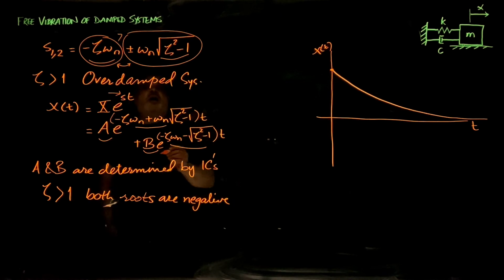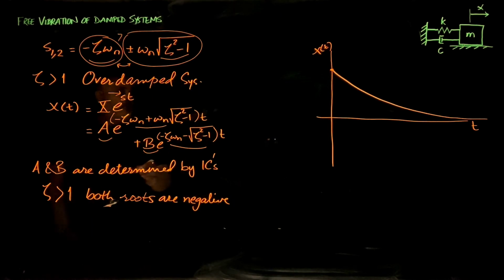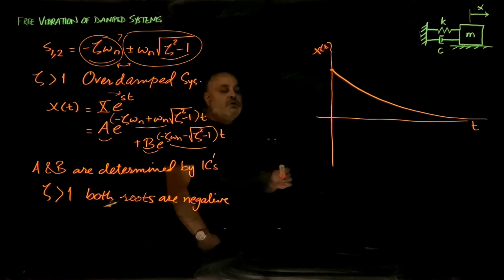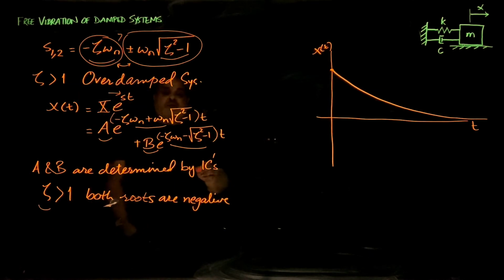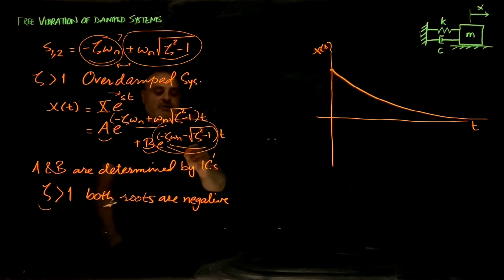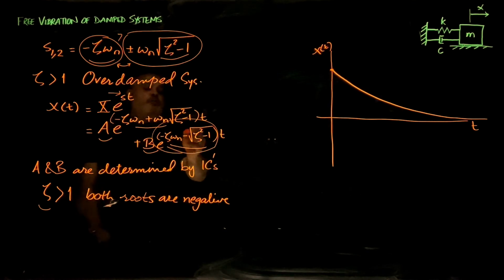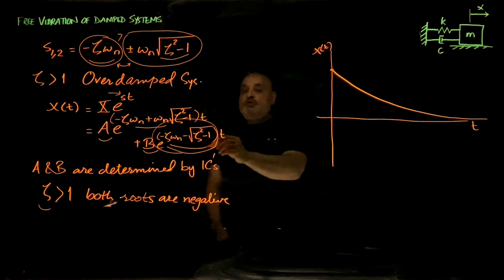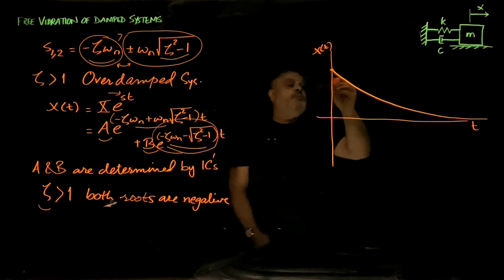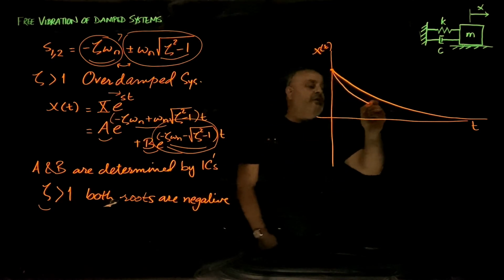Now, how fast this function approaches 0 depends on the value of zeta. As zeta grows, this root will become more and more negative, and the response, e to a larger negative number, will approach 0 a little faster.